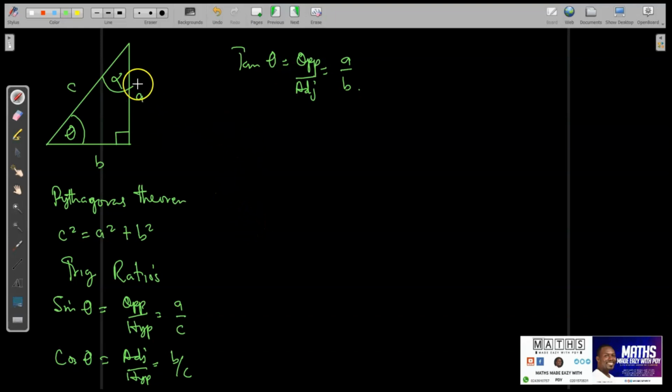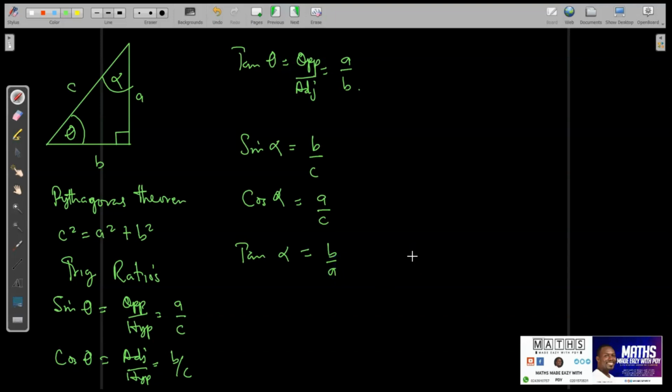So sine of alpha gives the opposite side B over the hypotenuse C. The cos of alpha is the adjacent side A on C. And tan of alpha is B on A. Are you all with me?